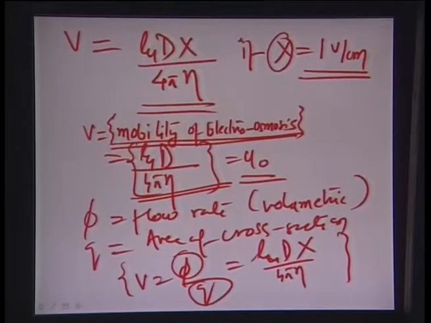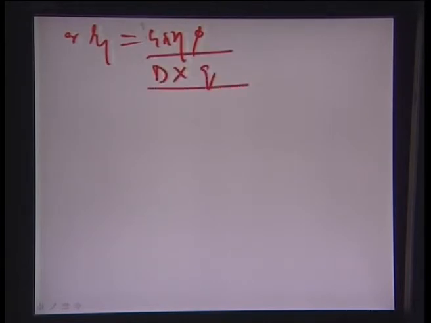Okay. So we can further change this equation to gauge the zeta potential, zeta, as 4 pi eta phi by d x times q. So these are all measurable quantities except this x here, which I would just be changing a little bit, and zeta essentially can be found out from this equation for any surface in combination with any liquid.